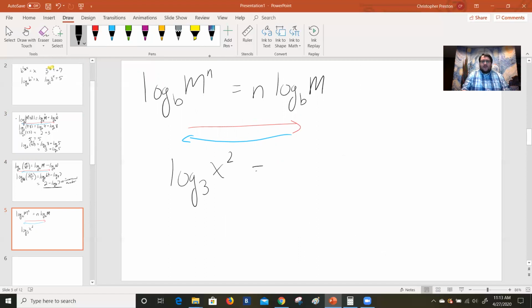You could change that into 2 log 3 of x. You could take that exponent from inside and just move it out front as a multiplier. And again, since logs are exponents, the rule is when you have a power to a power, you multiply those exponents. So you're multiplying the exponent of 2 times the exponent that's the logarithm in that case. So again, all these are properties of exponents just in a log format.